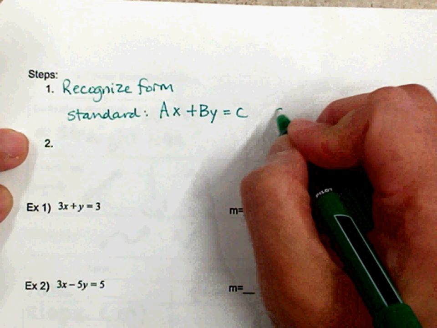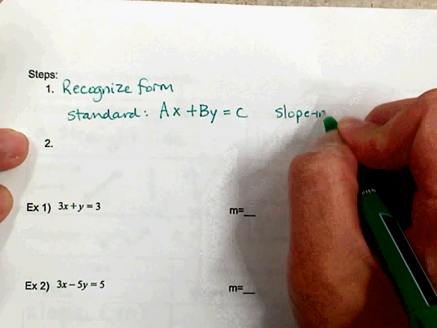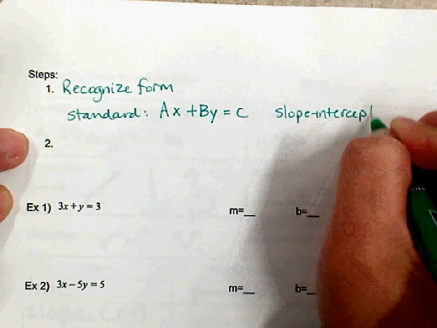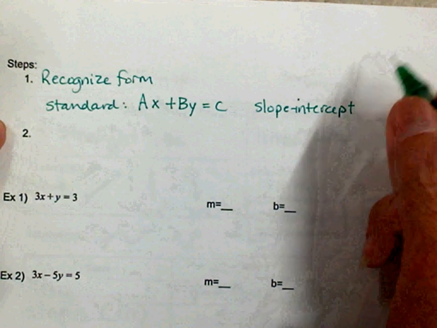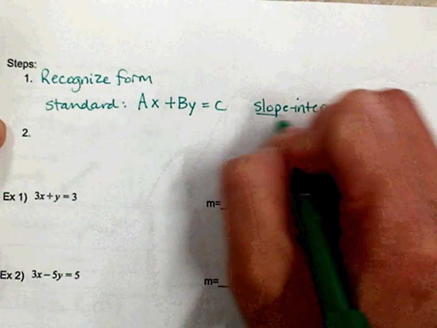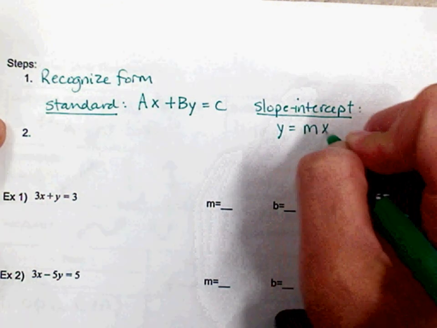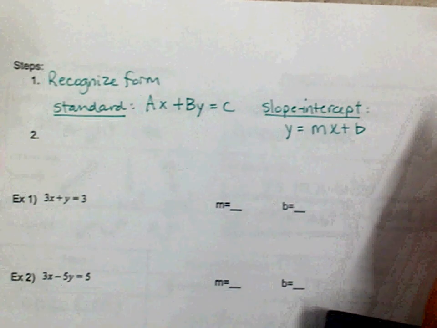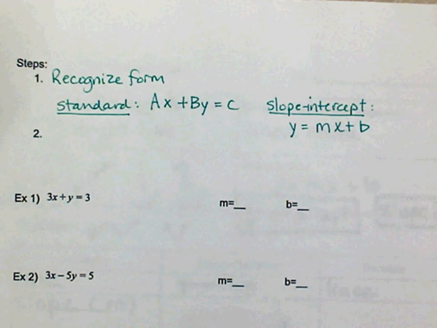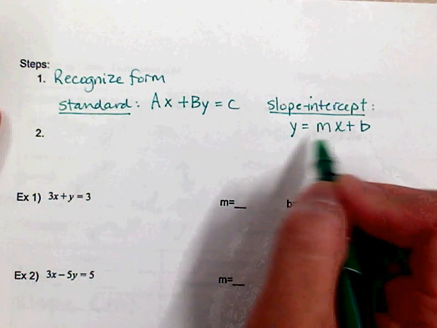Or you might have a slope-intercept form. And that form looks like this: y equals mx plus b. All right. So, once you recognize which form you have, it makes it a lot easier. Okay? Notice this one's equal to c and this one is y equal.